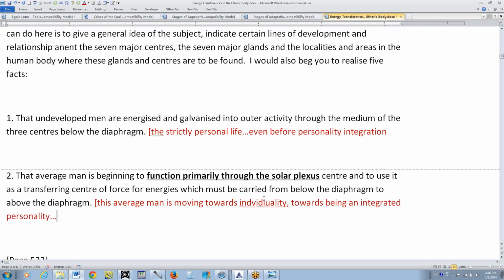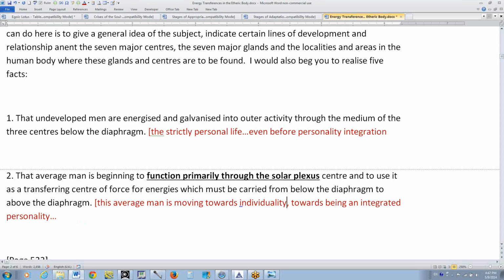So naturally, individuality, towards being an integrated personality. So there is movement here. This is a stage of adaptation, which is, let us see, I suppose it is the 3rd stage of adaptation, where there's still quite a bit of selfishness and social wariness or awareness for one's own benefit, and stage number 4.